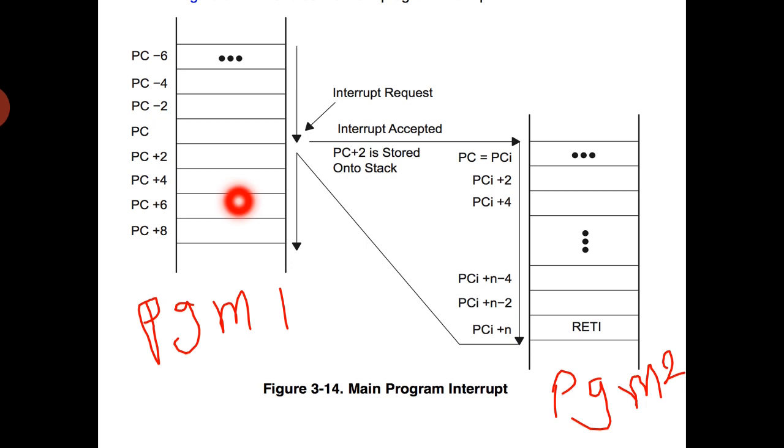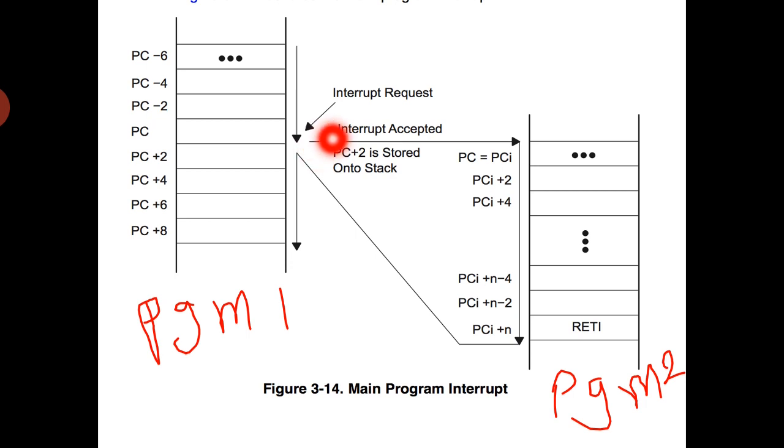What will the processor do? The processor will accept the interrupt. Whenever the processor accepts the interrupt, it stores the address of the next instruction which has to be executed into the stack or into the memory.